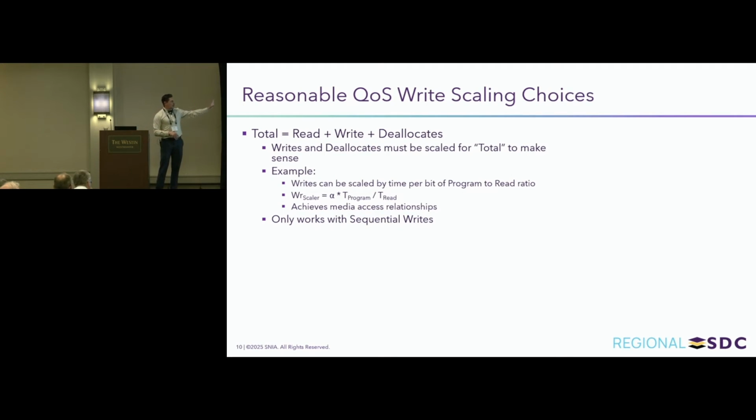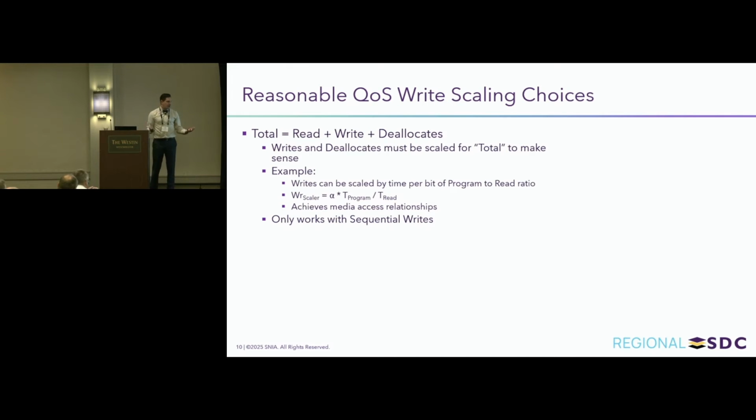When I look at reasonable QoS for write scaling choices, I start off by looking at a total composed of read, write, and deallocates. When we just look at the writes, for example, we can scale a program time to read time ratio at a per-bit basis, so time on the NAND.